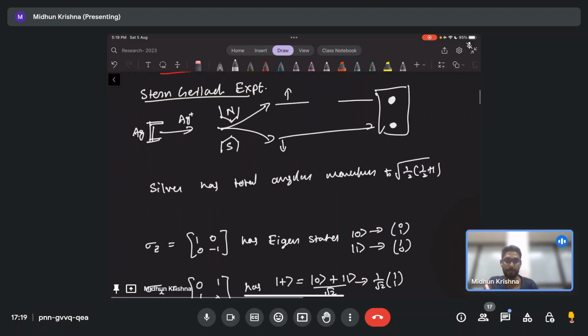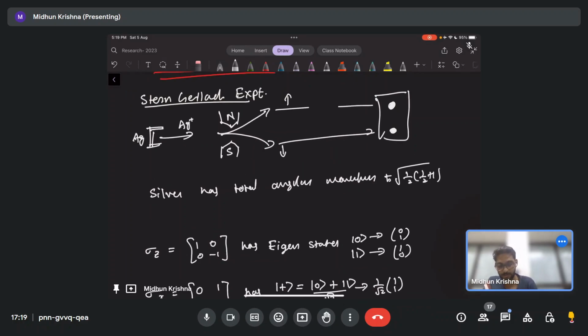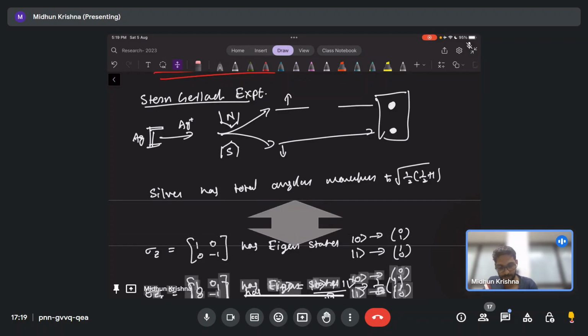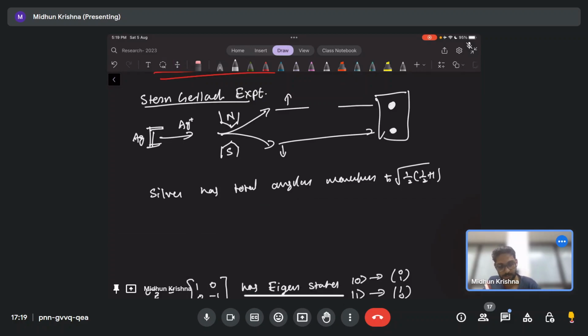So that's the whole idea that we are going to use. So let me represent this state which goes up as zero, and this state that goes down as one, right?